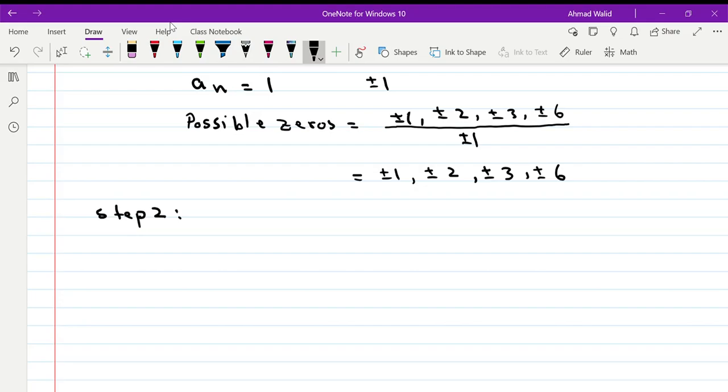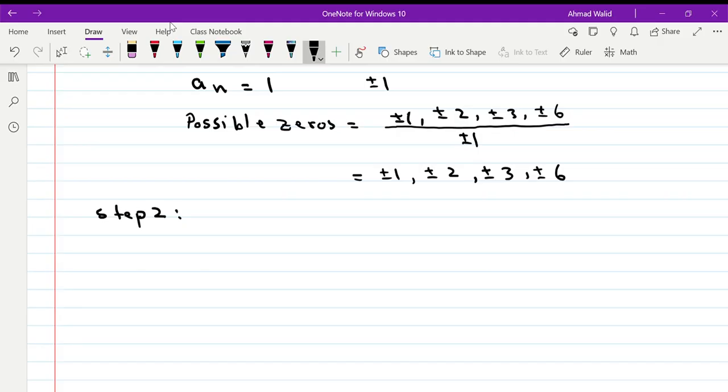How? You just start with one of them. You are lucky if the first one works for you, or the second one, or the fourth one. But you have to check which one is actually the real zero.